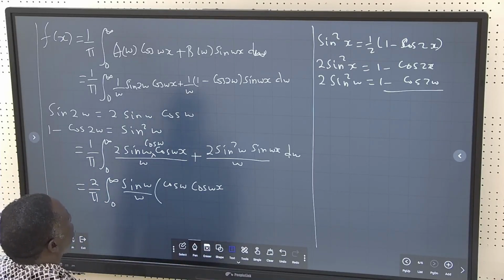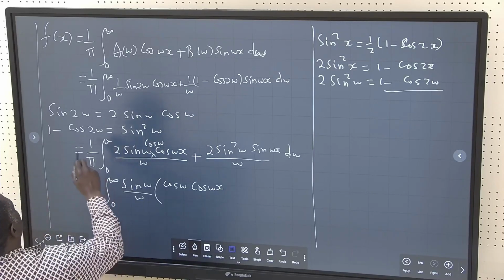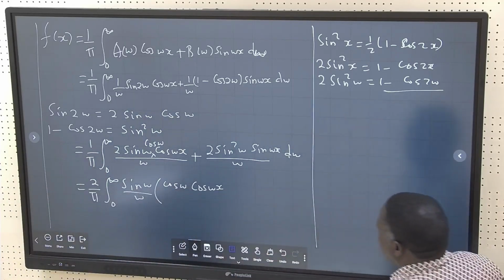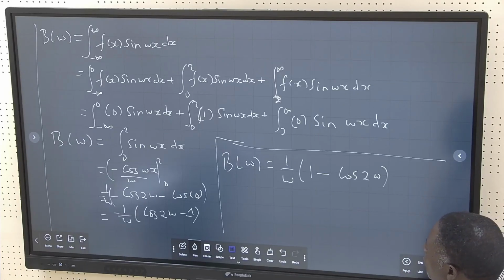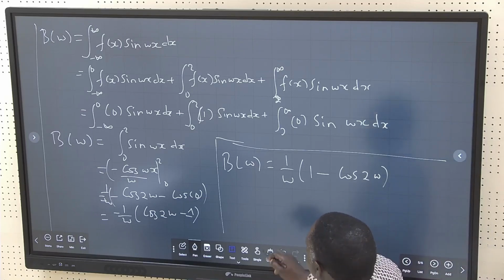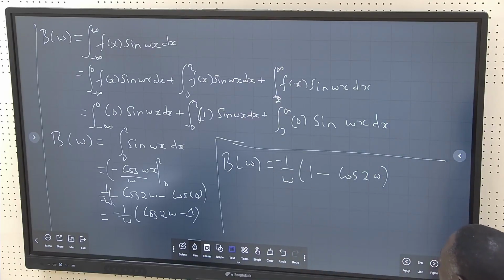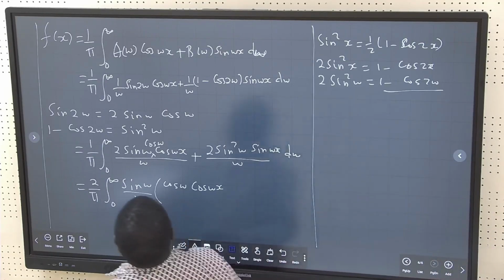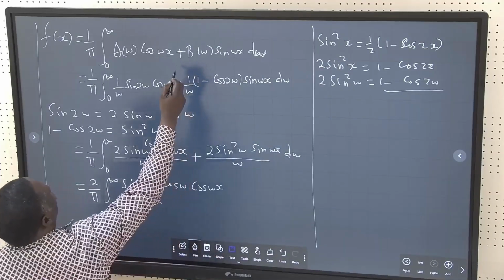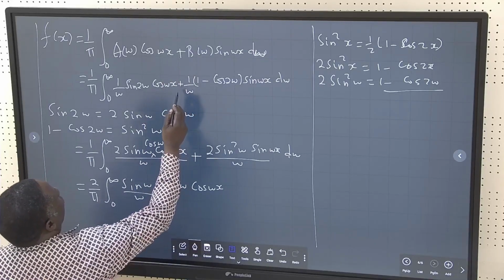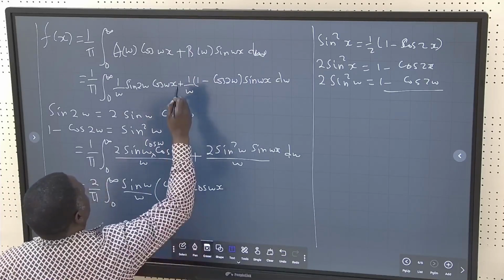We have a minus somewhere. For b(ω), we have negative.